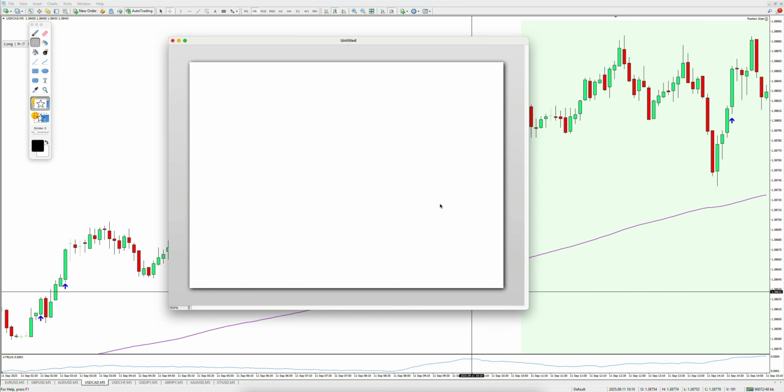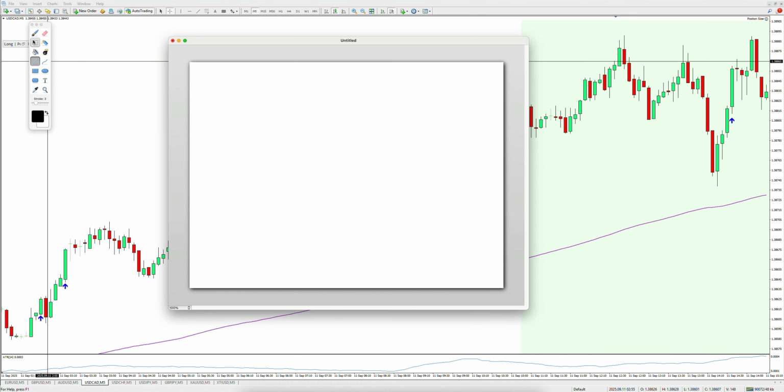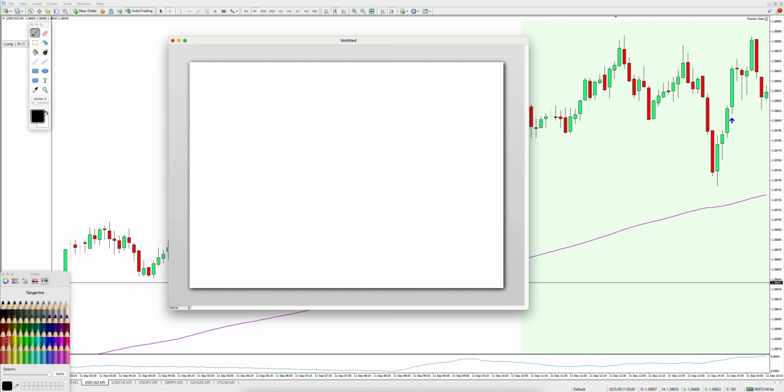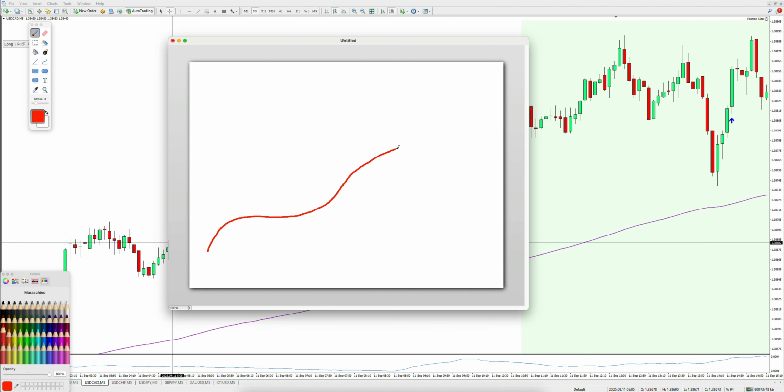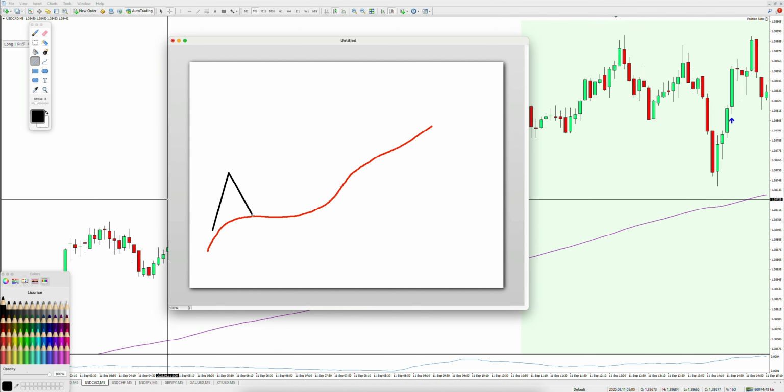What I mean by that is, let's say for example, your moving average is here. Okay, and then let's say price is just dabbling up and down. You're in a bit of a range here. Price breaks out of the range up.